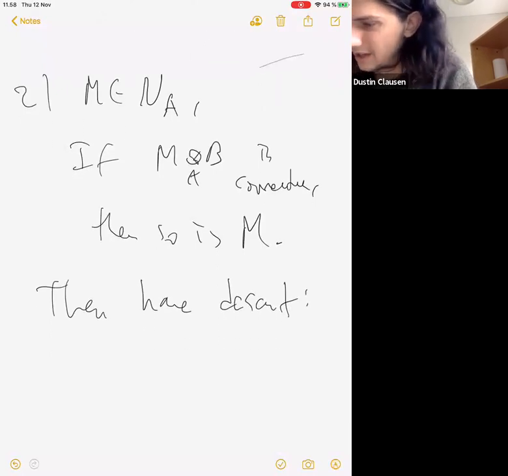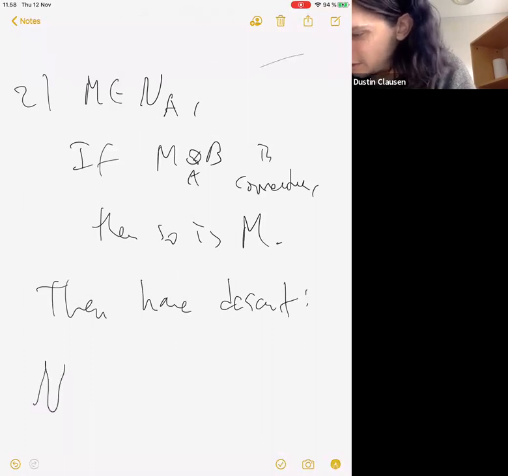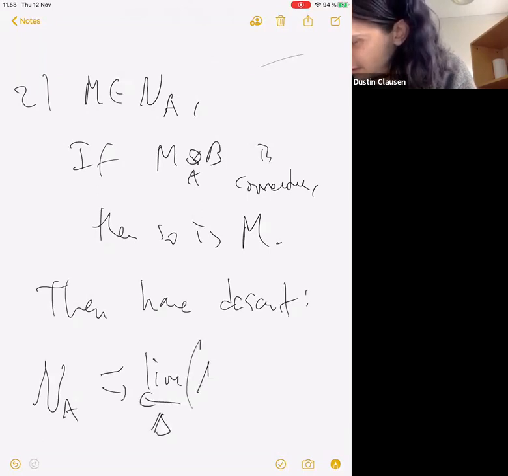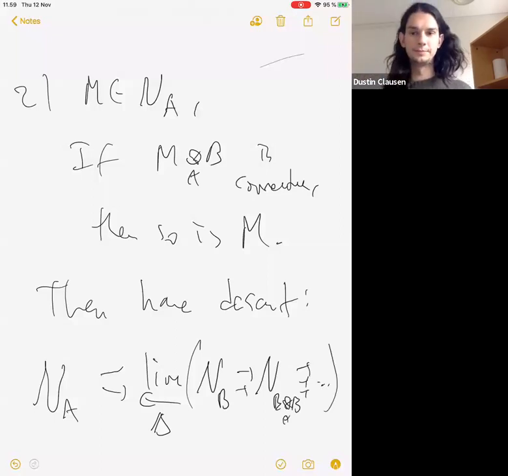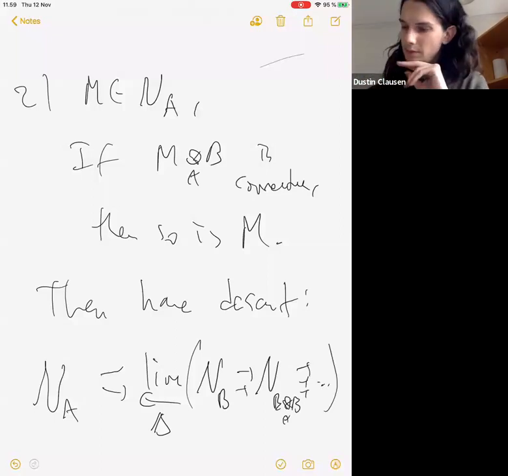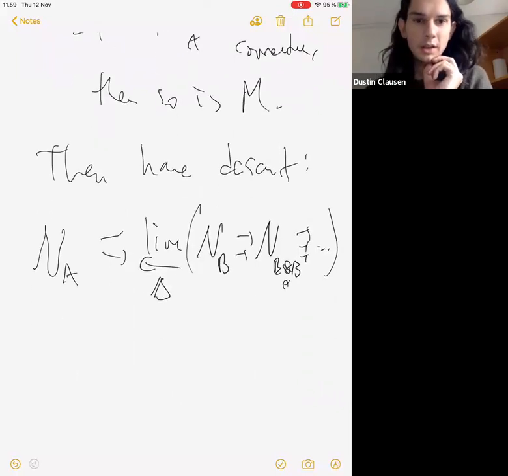So for this script N_A, the script N_A is the same thing as the inverse limit over the cosimplicial diagram of N_B, N_B tensor_A B, and so on. Where all tensor products are derived. Yes, thank you.